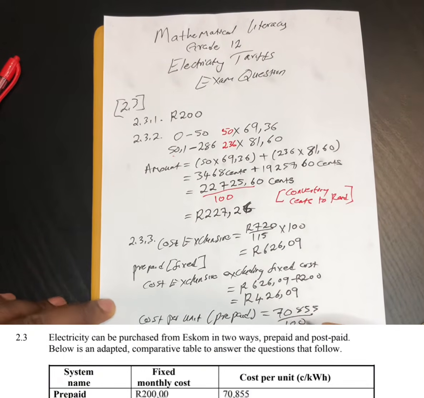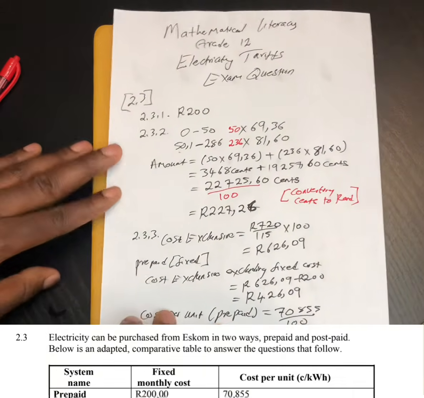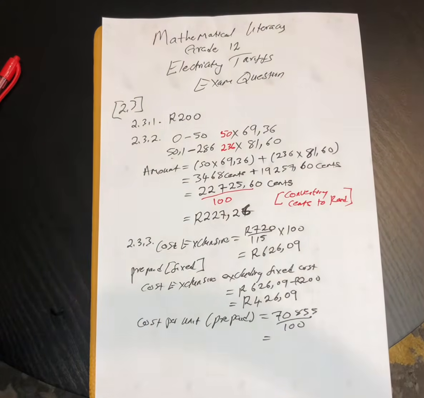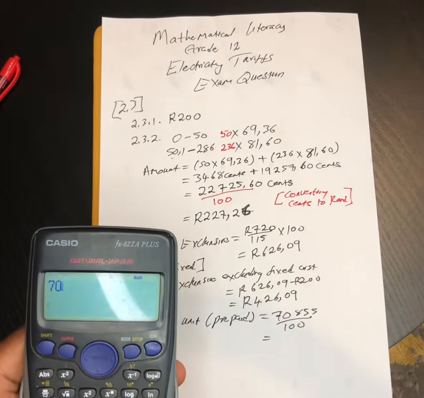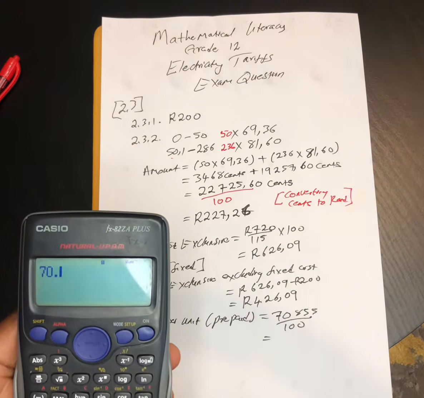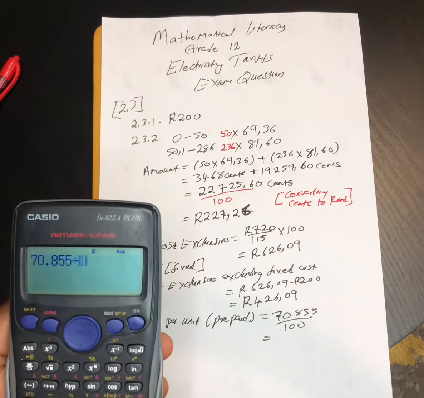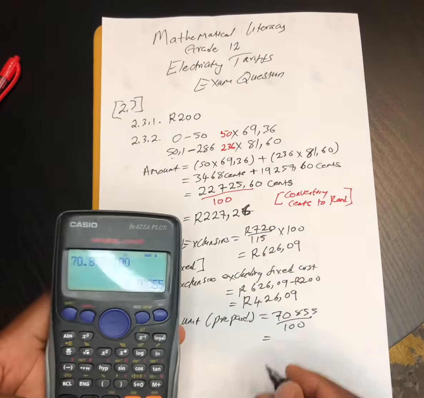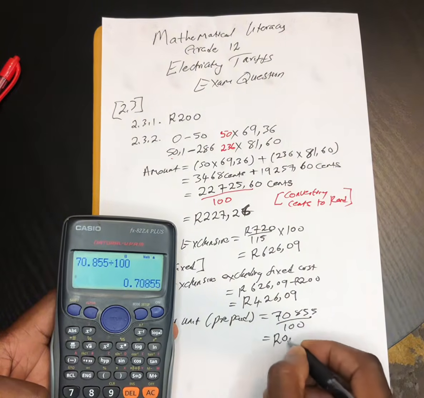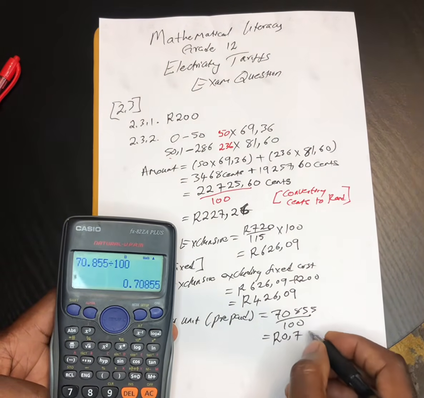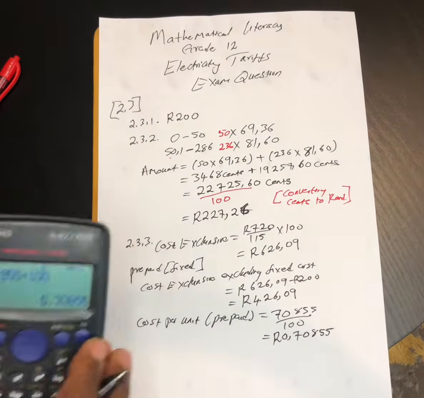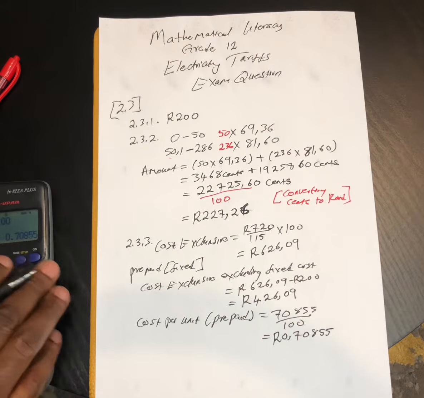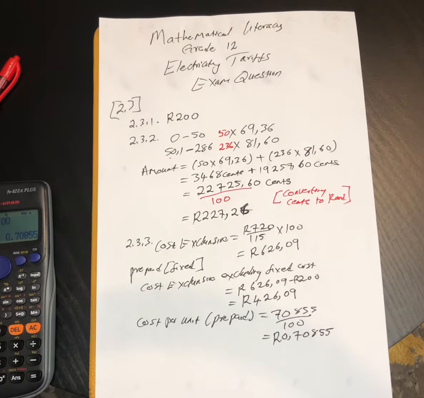Let's divide this by 100 so that we can also have this in rands, so that we'll be able to convert. The answer here is 0.70855 rands. Because you are still doing the calculation, you can avoid rounding this off. You're gonna round off your final answer.